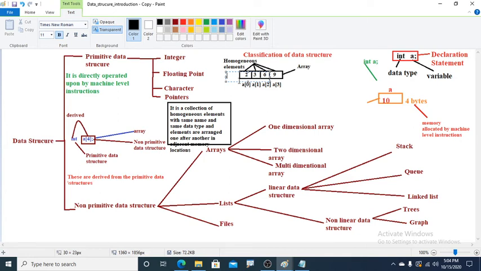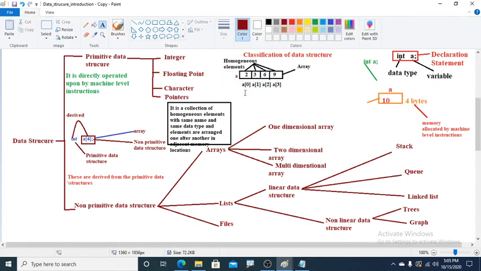The array name is A. So with the same name, A of 0, A of 1, and the same data type. Homogeneous elements means the same data type, integer type only. So int A of 4 means these elements 2, 3, 6, 9 belong to integer. That is the same name A and the same data type, integer.